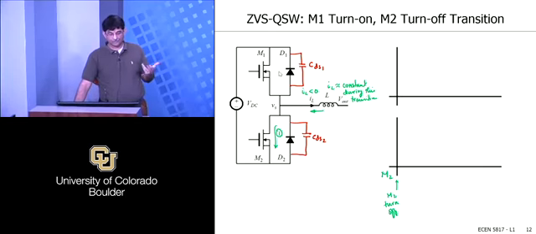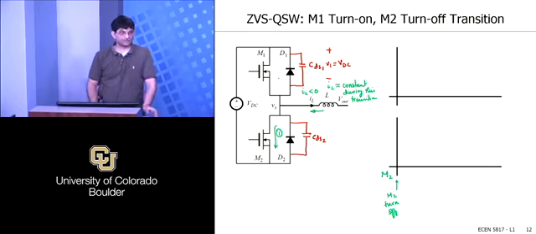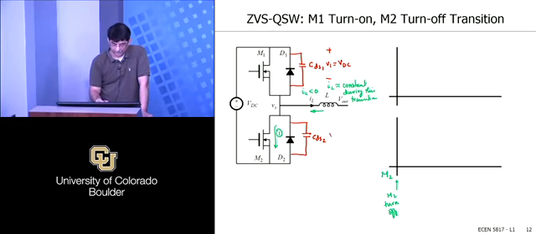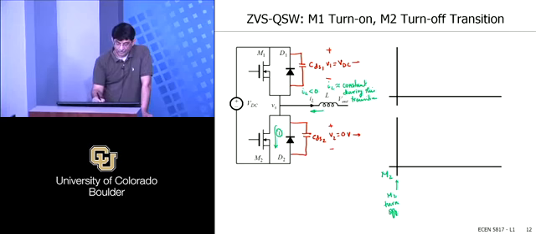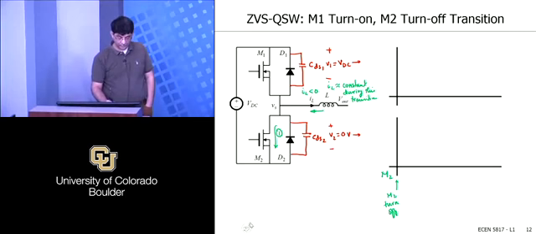D1 still needs to be forward biased. Initially the voltage is all being blocked across this device, so this voltage V1 is initially starting off at VDC. So D1 is reverse biased, so it can't immediately conduct. You have to somehow get it forward biased. And this V2 here is sitting at initially 0 volts. So what happens? Where does the current go? What's step 2?